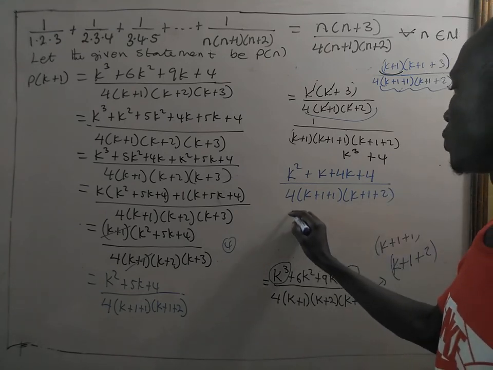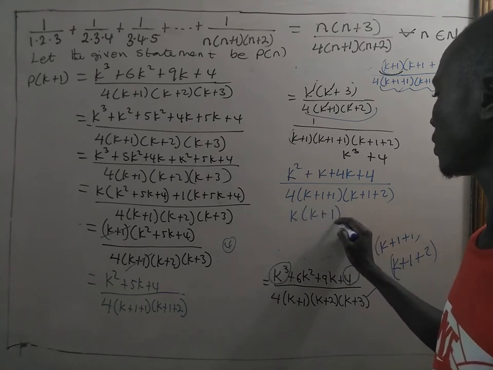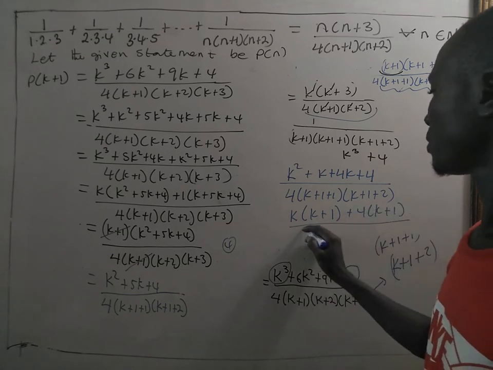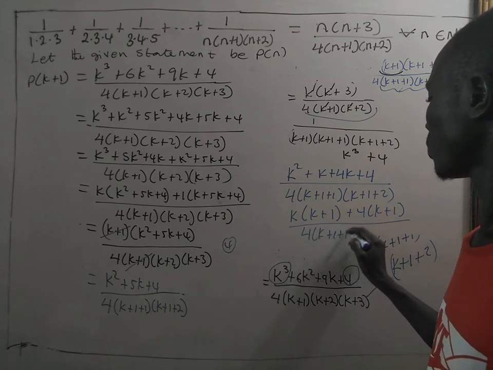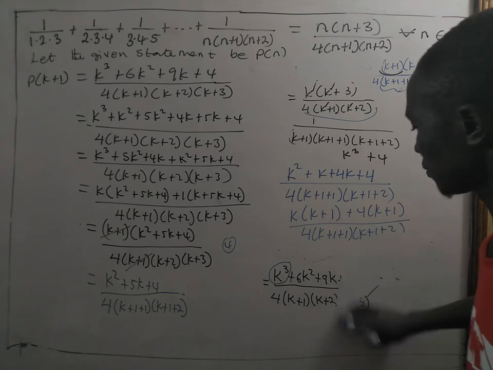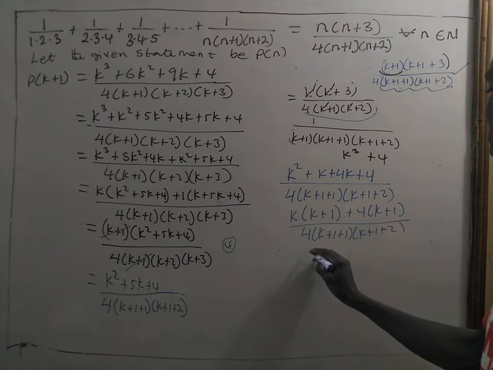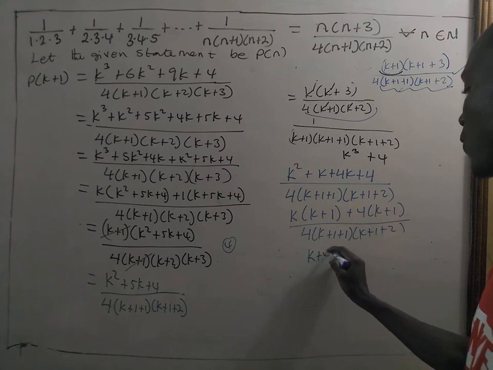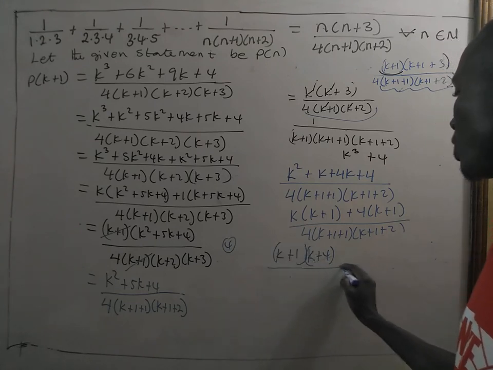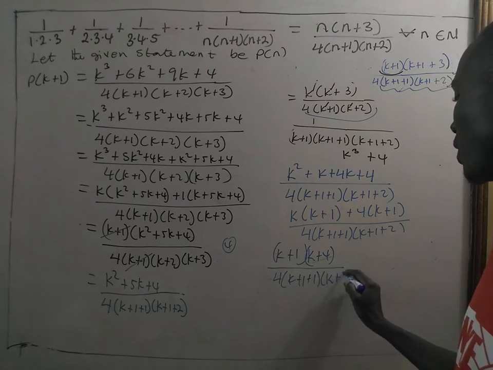We are almost done. So this gives us k times k plus 1 plus 4 times k plus 1, all divided by 4 times k plus 1 times k plus 1 plus 2. And here, if we factorize k plus 1 out, we have k plus 4 times k plus 1, all divided by 4 times k plus 1 plus 1 times k plus 1 plus 2.